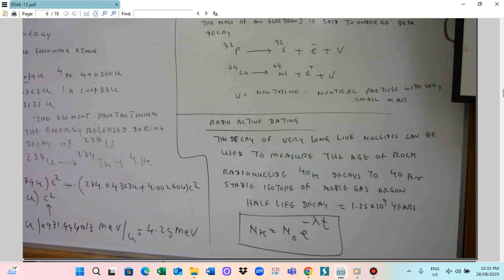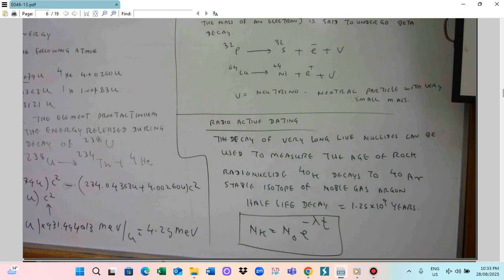The parent radionuclide is potassium. Potassium is radioactive. After the decay going down, the radioactivity is decaying, so it can finally become argon. Argon is stable, so no more nuclear activity. It will take a half-life of 10⁹ years.